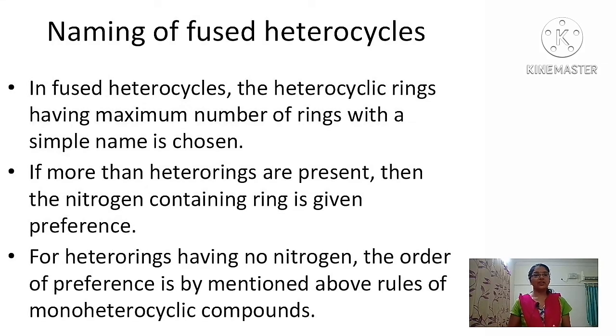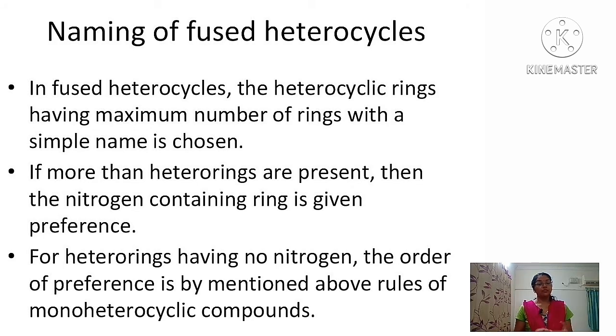Again, for naming a fused heterocycle or a condensed heterocycle, we have to follow some instructions. That is, the heterocycle ring having the maximum number of rings with a simple name should be chosen. Again, if more than one heterocyclic ring is present, then the nitrogen-containing heterocyclic ring should be given preference, that is, it should be considered first, then the next heterocyclic ring.